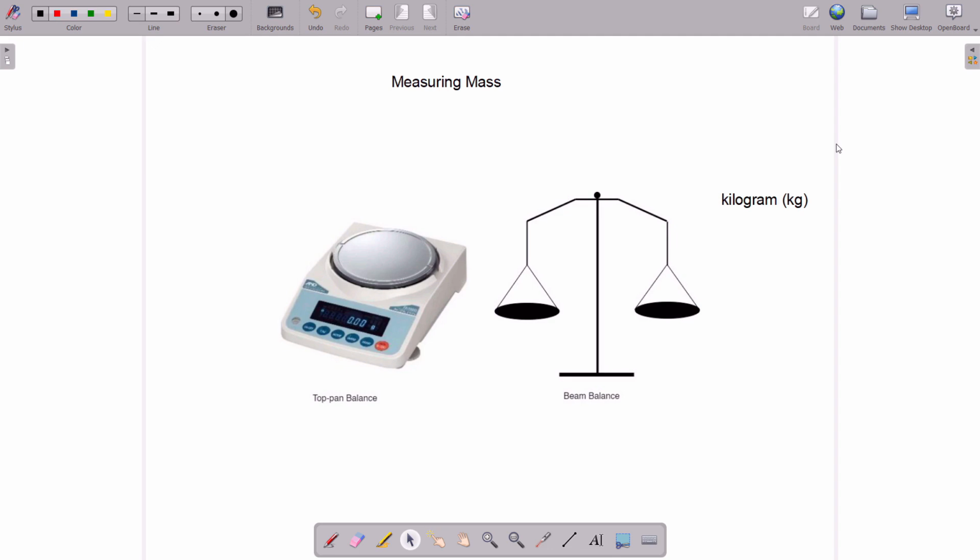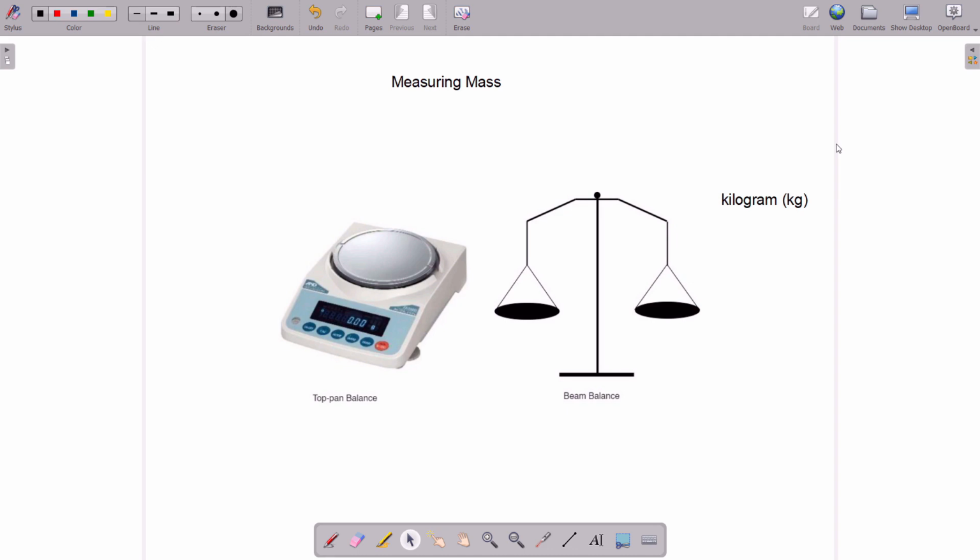So if you look at the diagram, you can see that it has a digital reading on the instrument, and the unit there is in gram. So although the instrument detects the Earth's gravitational pull on an object, the unit that is given is in units of mass.